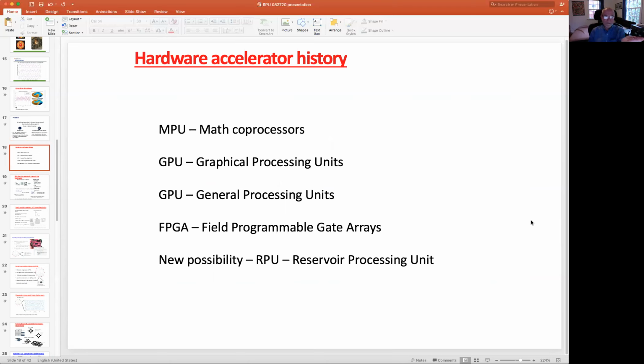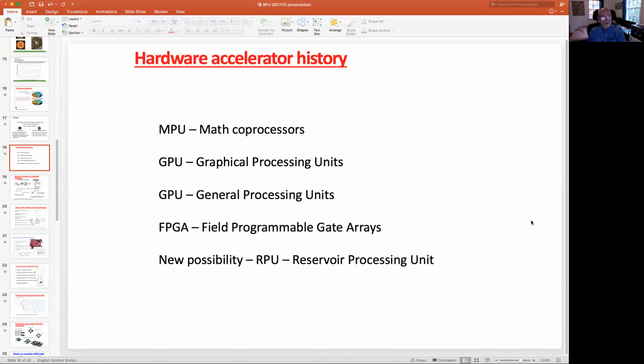And the basic proposition then is that we can develop high-speed hardware accelerators that would locally be able to do reservoir computing. There's, of course, a long history of high-speed hardware accelerators from math coprocessors back in the 80s through to the current use of graphical processing units, GPUs, both in graphics and now in general computation.